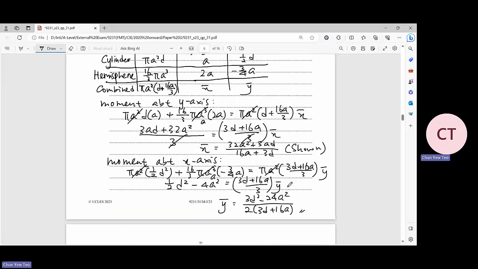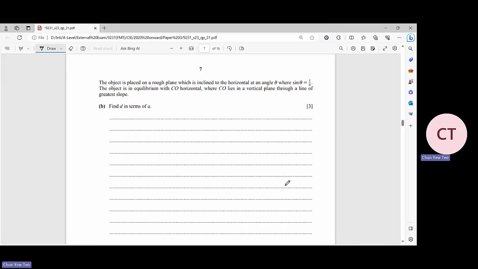Now we go for part B. Part B says that the object is placed on a rough plane, which is inclined to the horizontal at an angle theta, where sine theta is equal to 1/6. The object is in equilibrium with CO horizontal, where the CO lies in a vertical plane through a line of greatest slope.